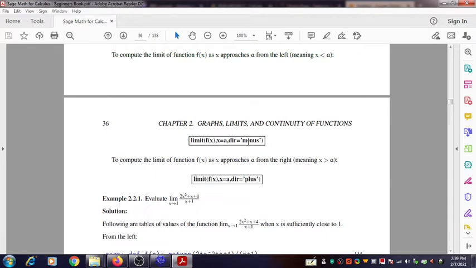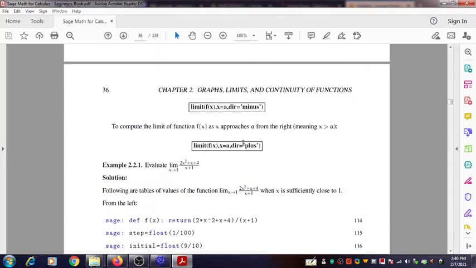So direction equal to minus must be given inside the quotation mark. So dir equals, then put the quotation and include minus. Then you have to close the bracket. On the other hand, if you want the right limit, you can replace the minus by plus to obtain the right limit.